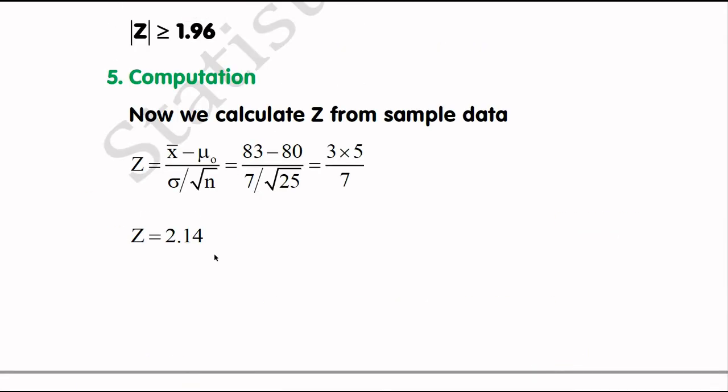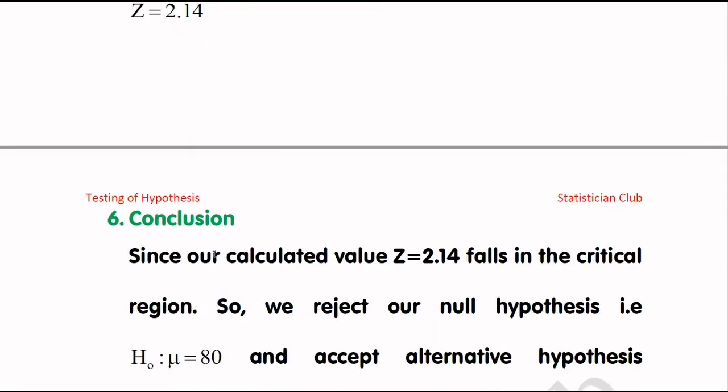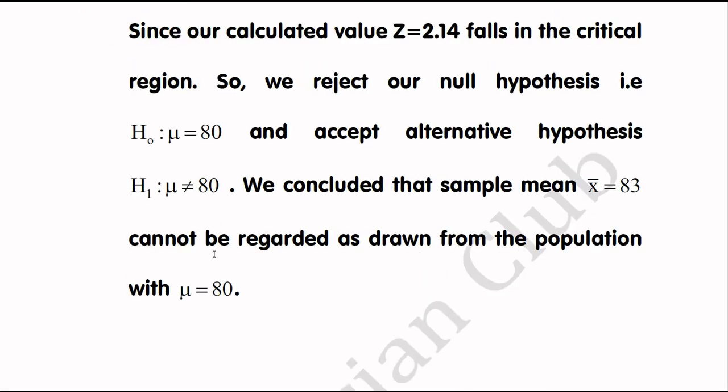Because this computed value is greater than the table value, we accept the alternative hypothesis and reject our null hypothesis. Since our calculated value z is equal to 2.14 falls in the critical region, we reject our null hypothesis H naught, mu is equal to 80, and accept the alternative hypothesis, H1, mu not equal to 80.